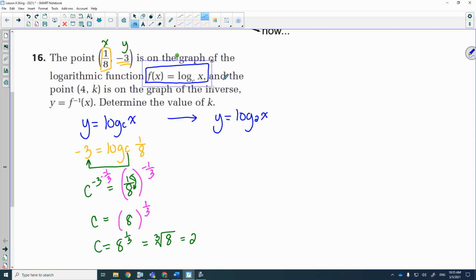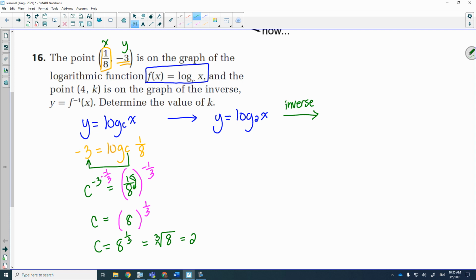From here, it says this point is on the graph of this inverse. So they give me another point, but I can't plug that point in unless I know what the graph of this inverse is. So you'd say, okay, well, how do I figure out the inverse of this? So let's write inverse.